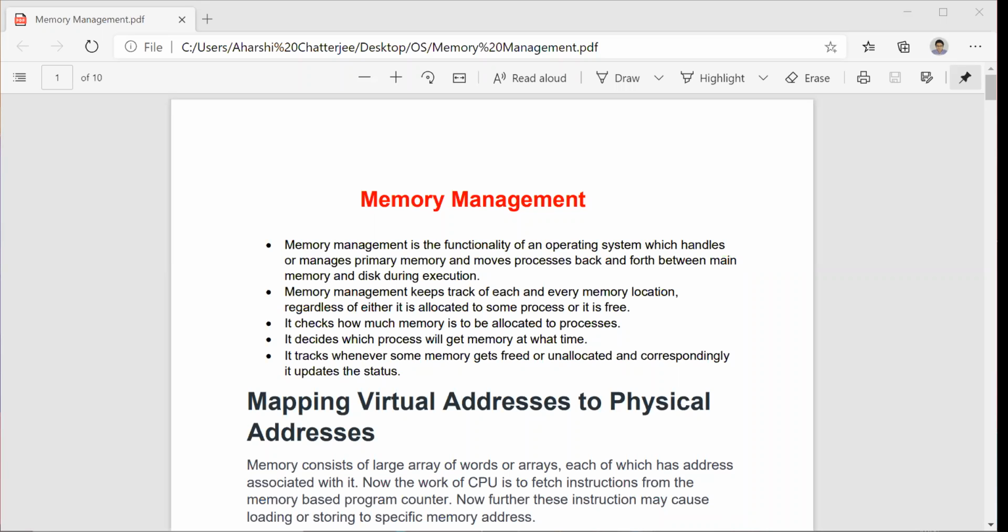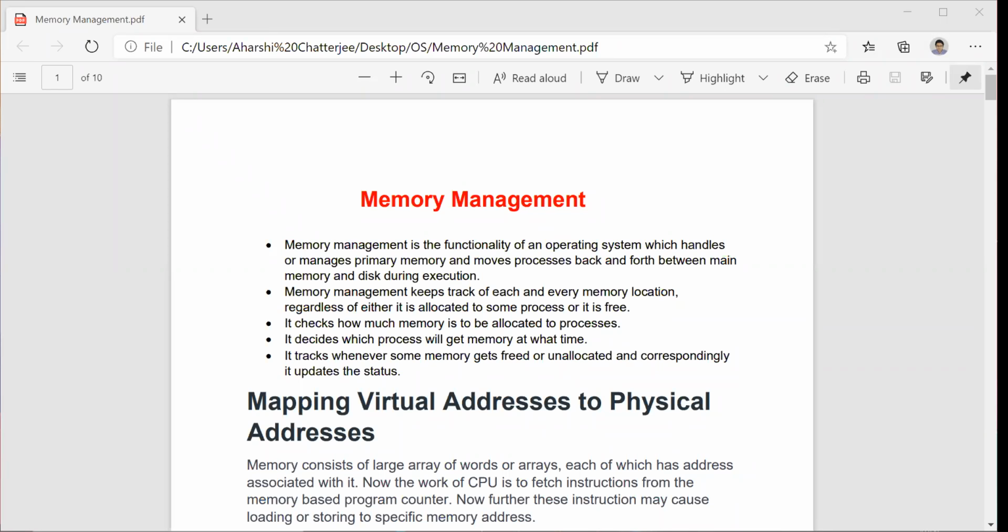As I have told you, whenever we talk about memory management, we are basically talking about primary memory, and it is the responsibility of every operating system to manage the primary memory in a better and more efficient way. That is the basic thing about memory management.